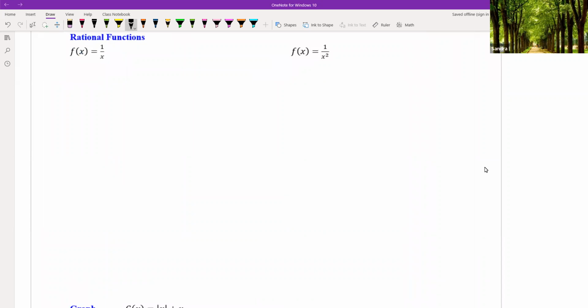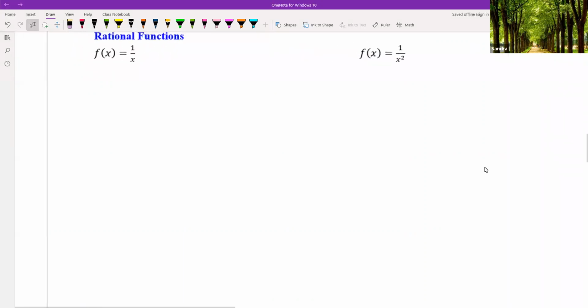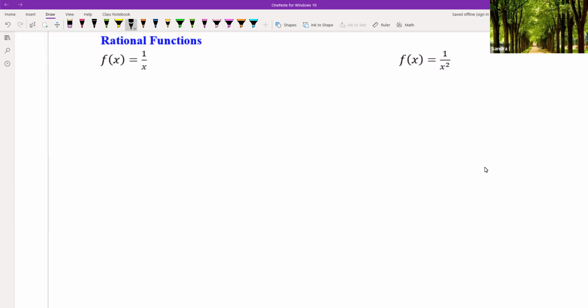For rational functions, we're going to do it the same way. Okay, now you have 2 different ones. I'm going to do this one first. So the first thing that I'm going to notice is that this is a fraction. And since this is a fraction, I gotta care about the restriction or the domain.